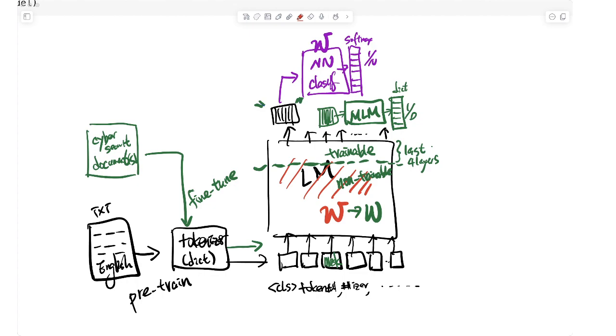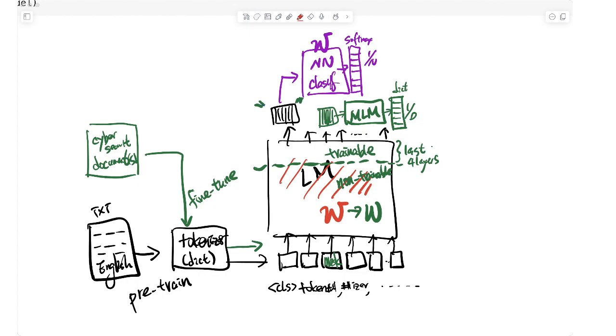So after that, to perform fine-tune, we can run MLM, which is a closed test as well. Look at the green one. We can still randomly select 15% of the tokens and replace them with mask, which is a special token. At the corresponding output, you can see that the third token is replaced by the mask special token.